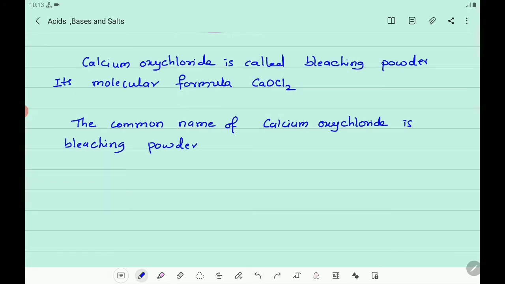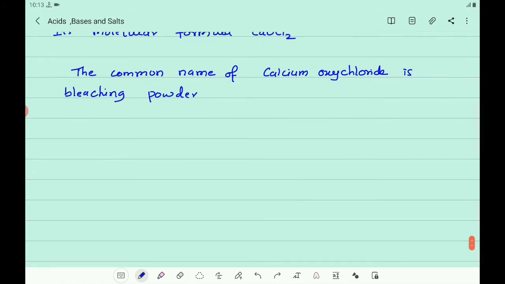You must know this. And how will you prepare bleaching powder? Preparation of bleaching powder.